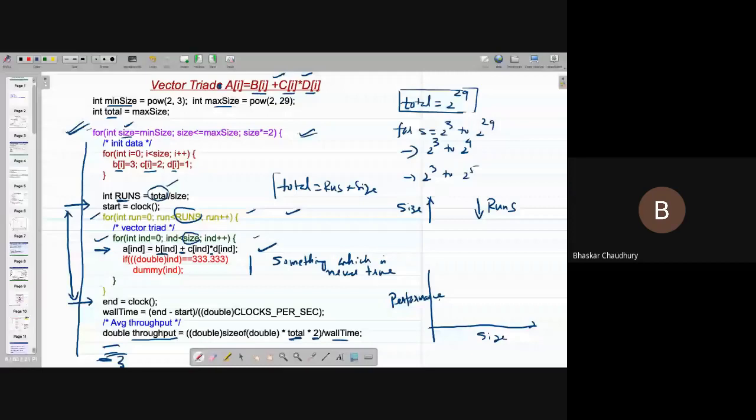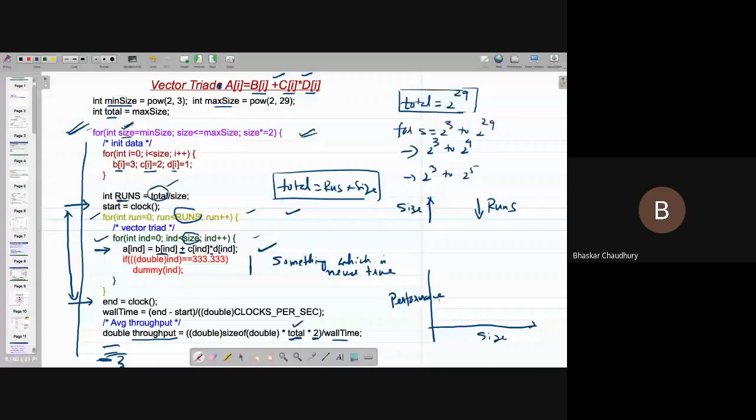This is fixed because total is equal to runs into size, and I've already fixed my total here. So this total is always going to be the same. Whatever size you take here, you are going to do exactly the same number of computations every time.